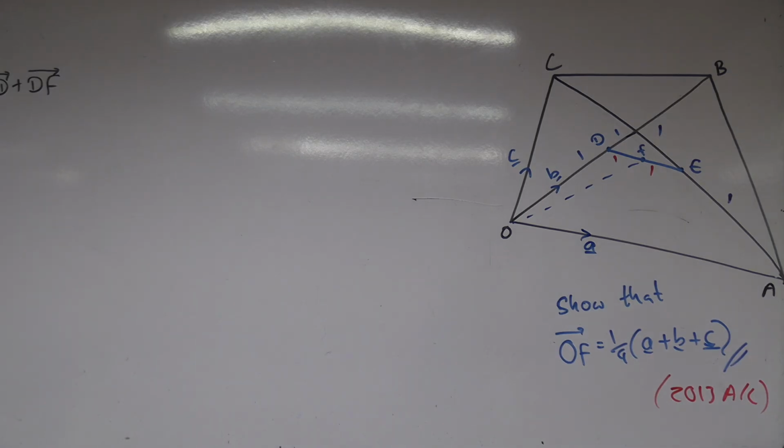Okay, so we can write OD as half OB, DF as half DE, and write DE as DO, OA and AE.